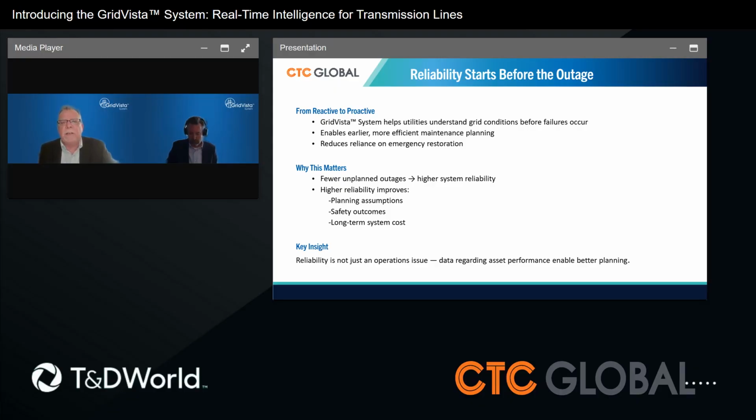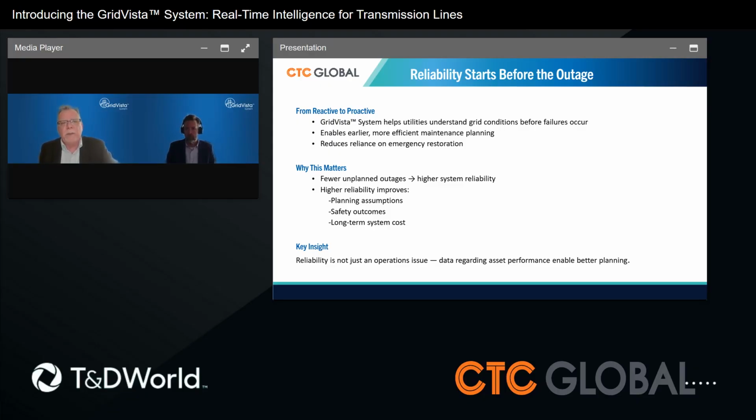The capabilities of the technology are amazing, and it can help us do better planning, whether that's operational planning in the near term to help with markets, or longer term planning to basically rethink maybe how we design the system and what risk we're willing to take if we can better understand the performance of the existing assets and not just assume that a 1-year-old asset has the same failure rate as a 100-year-old asset.